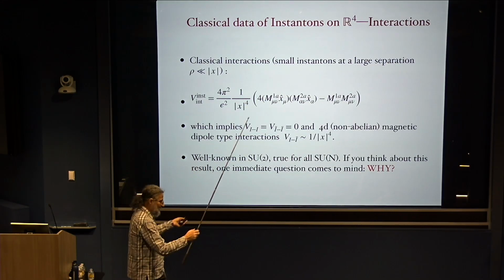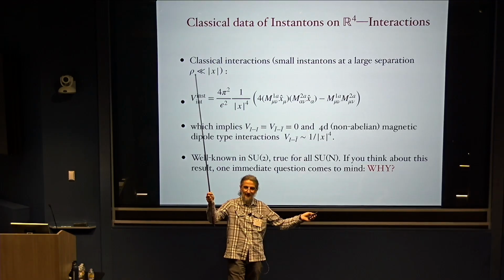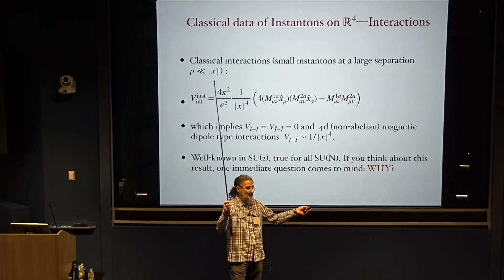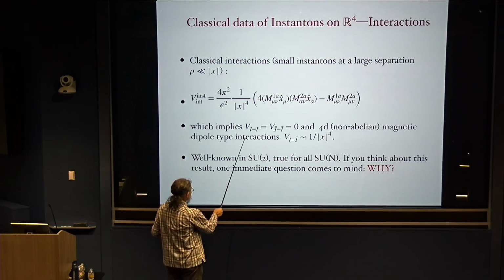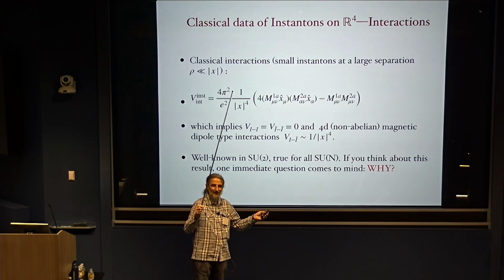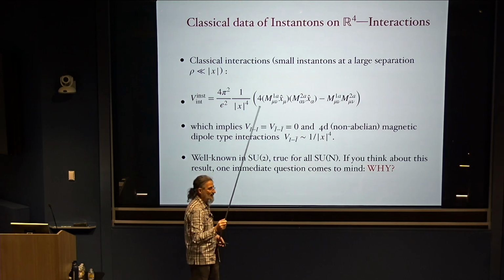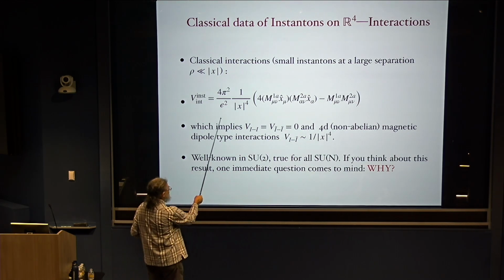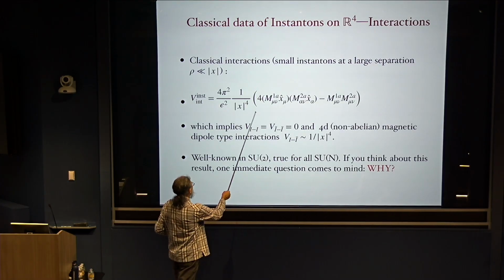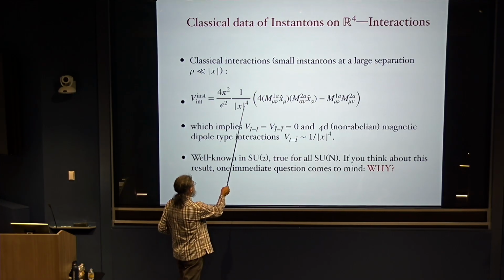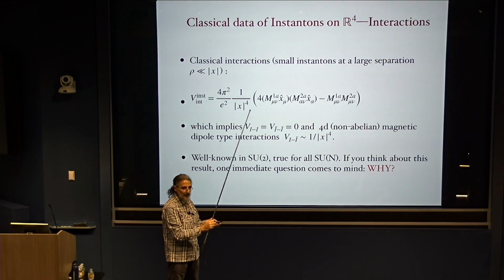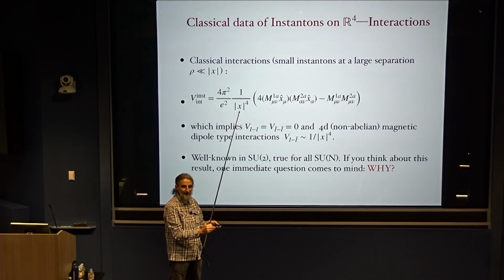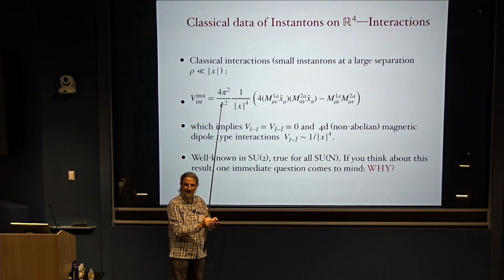If you take two small instantons at a large separation, or an instanton and anti-instanton, and look at their interactions, the instanton-instanton interaction is strictly zero because they are BPS. But if you look at the instanton anti-instanton formula, it is of type 1 over x^4, which is long range, algebraically falling, but falling much faster than 1 over x^2, for sure.